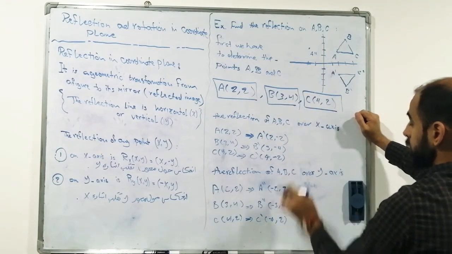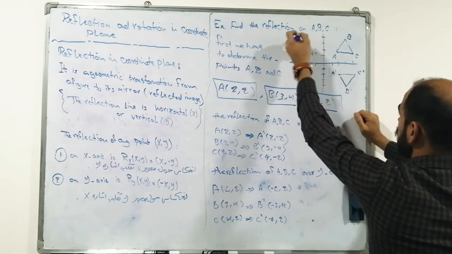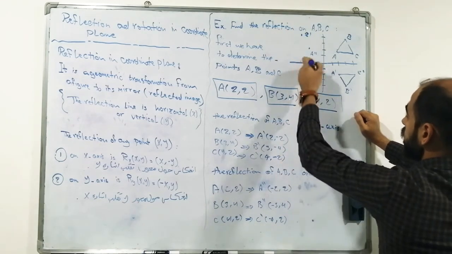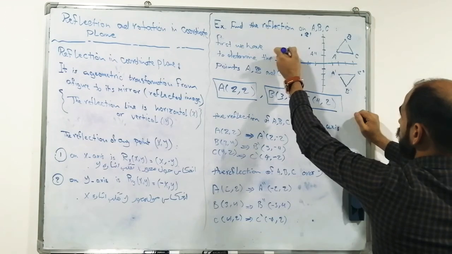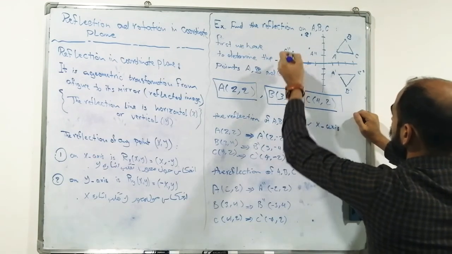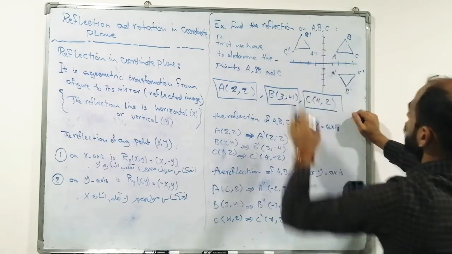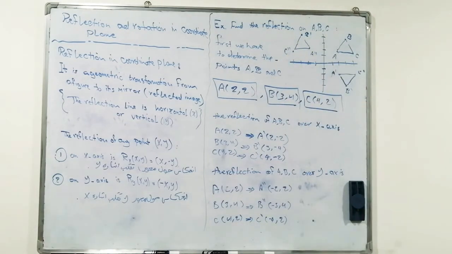And B double dash -3 1 2 3 4, B double dash, and C double dash -4 2, that is C double dash. Here we get the reflection image of the triangle ABC over the y-axis.